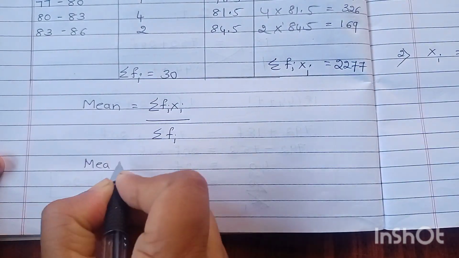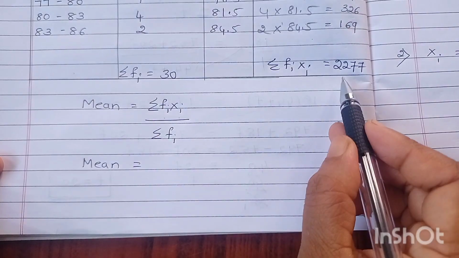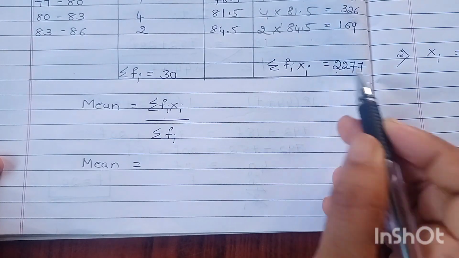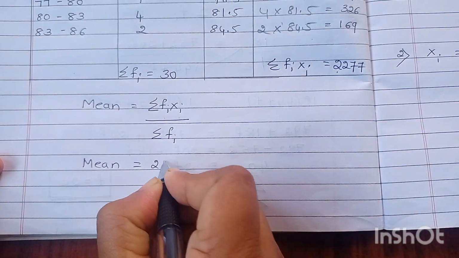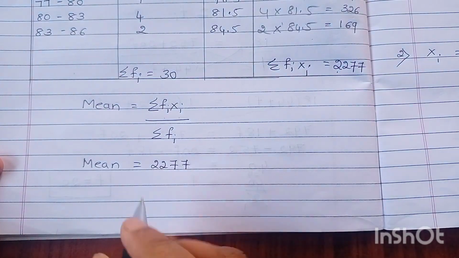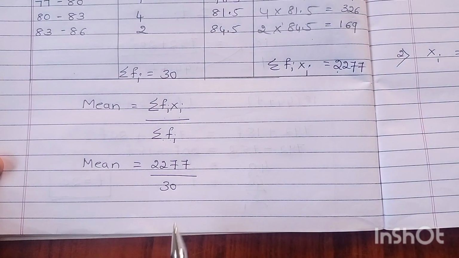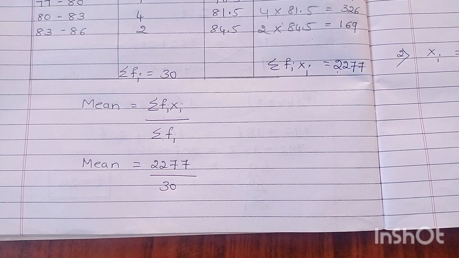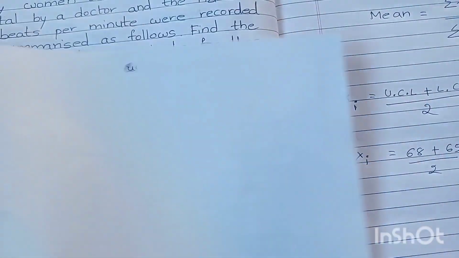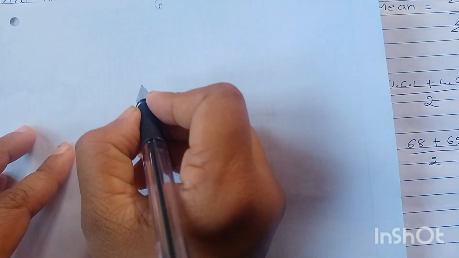Mean is equal to sum of Fi into Xi, which is 2277, divided by sum of Fi, which is 30. 2277 by 30 is 75.9. But most of them can't understand how they got 75.9. So let me tell you in detail.